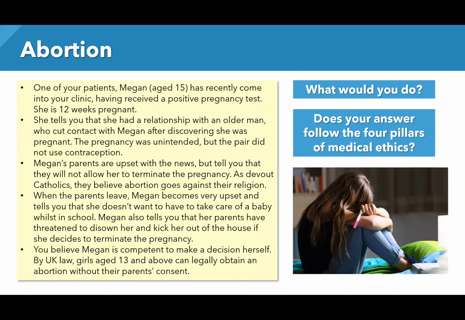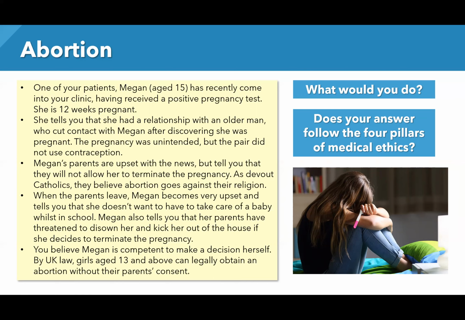She tells you that she had a relationship with an older man who cut contact with Megan after discovering she was pregnant. The pregnancy was unintended, but the pair did not use contraception. Megan's parents are upset with the news, but tell you that they will not allow her to terminate the pregnancy. As devout Catholics, they believe abortion goes against their religion.